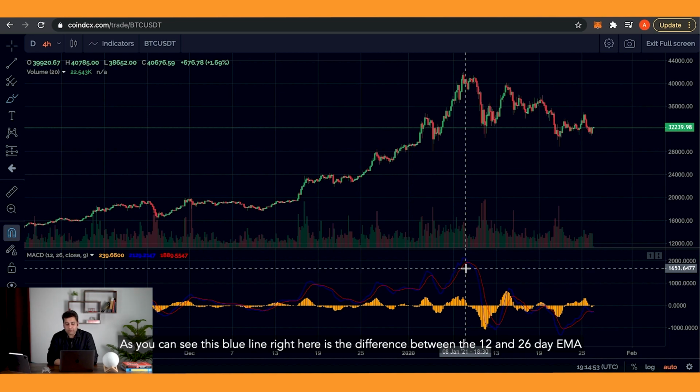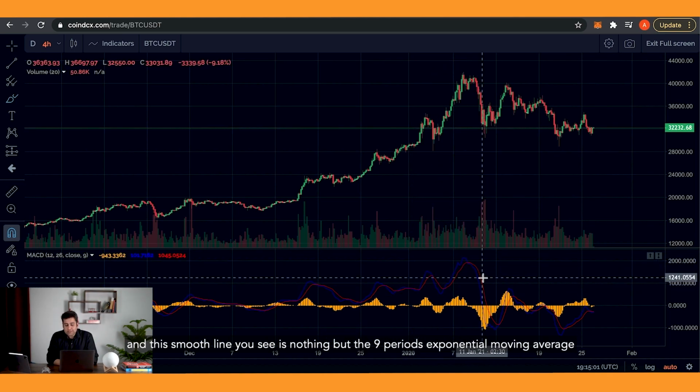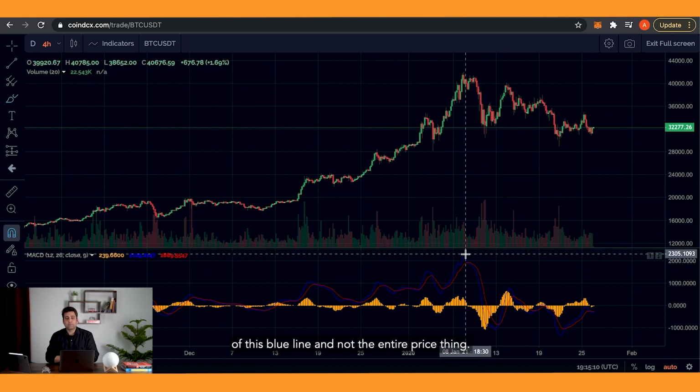All right. So as you can see, this blue line is basically the difference between the 12 and 26 day EMAs, or exponential moving averages, and the smooth line that you see is nothing but the 9 period exponential moving average of this blue line, not the entire price, but just the blue line, which is indicating the difference.